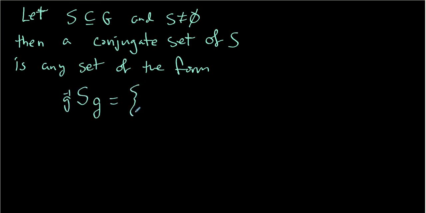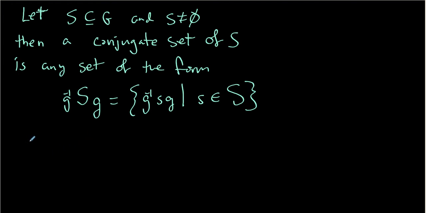This would be the set of everything that looks like G inverse little s times G, where little s is all of the elements of S. Depending upon what elements are in S, this is not necessarily going to be a subset of S. In fact, if we just look at standard subsets of G, it's not completely clear what's going on most of the time.